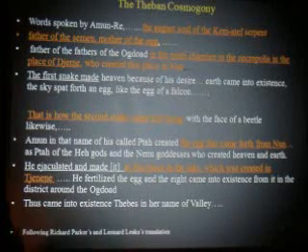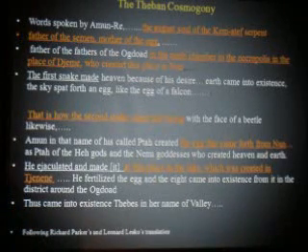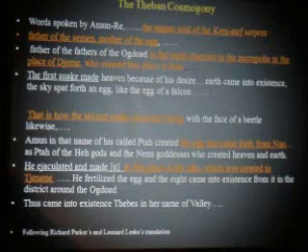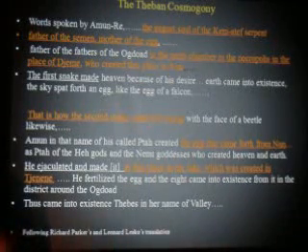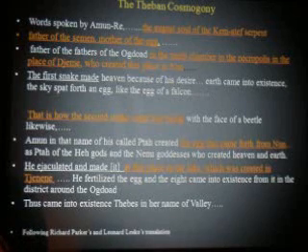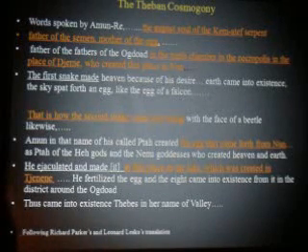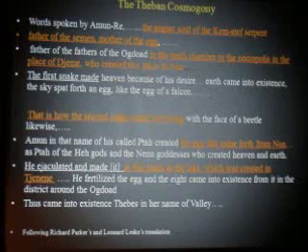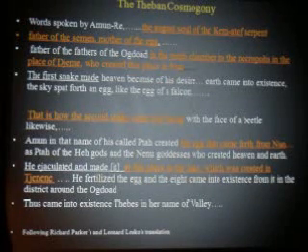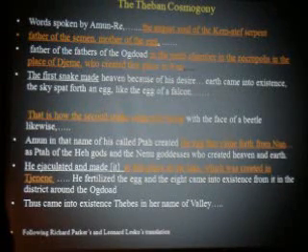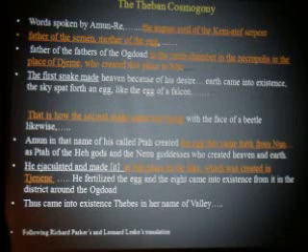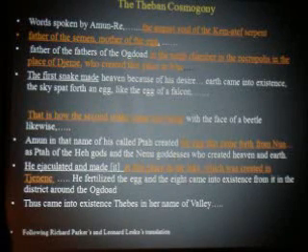Ammon-Re has to show himself in a more androgynous form, meaning he's male and female at the same time. And this is the only way creation could happen. The androgyny of Amun-Re was very essential to the act of creation. The myth describes him as the father of the semen and mother of the egg.